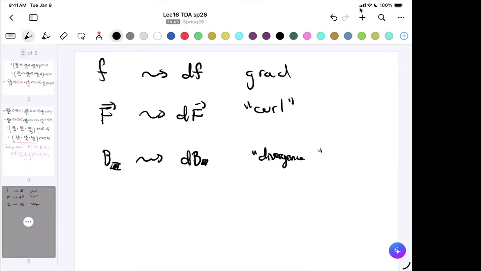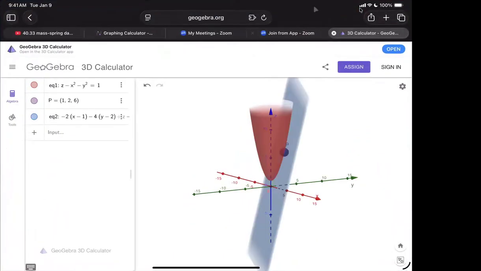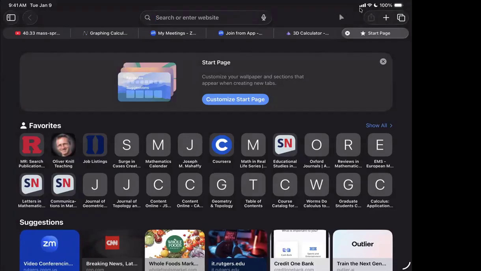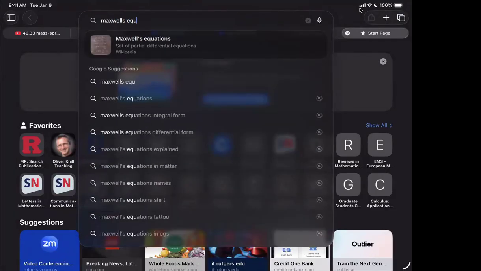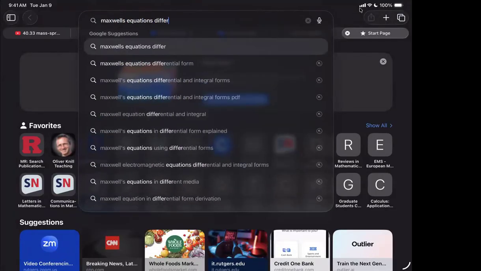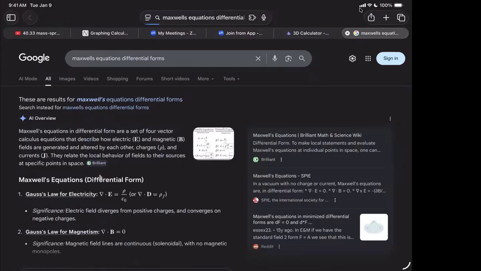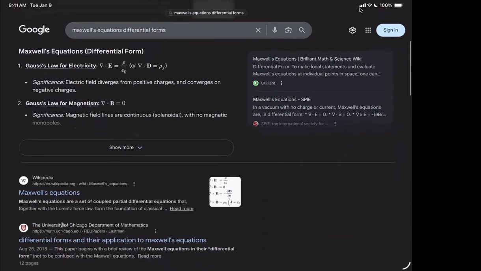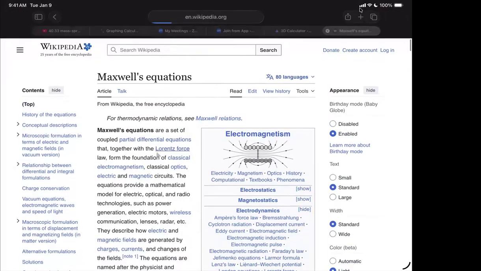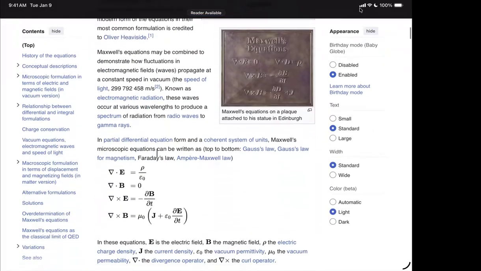Well, it would take too much, but I'll put it here so that you see it: Maxwell's equations, differential forms. I'll just show you that from Wikipedia to make it a bit easier.